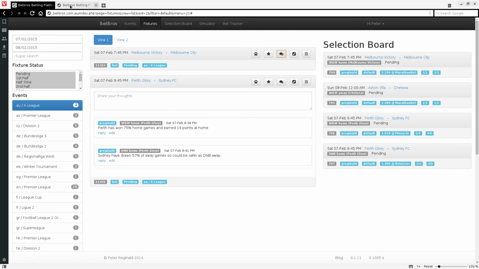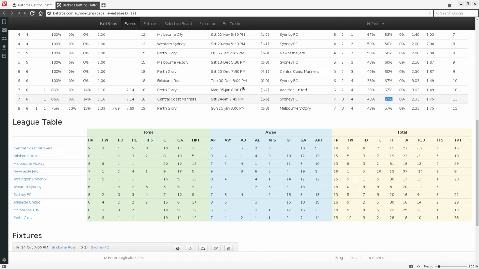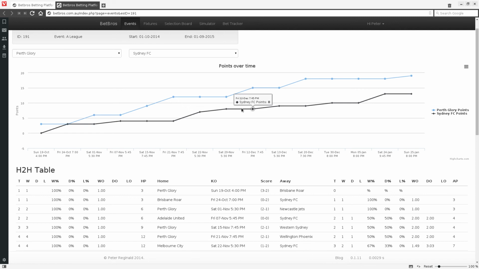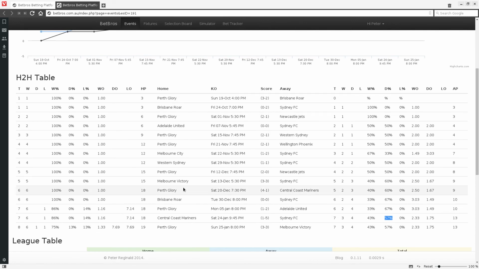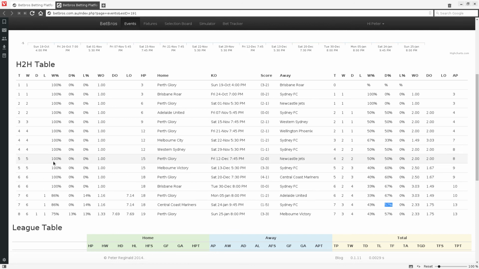So there you go. Because this is such a new addition to this website, I'm still testing it out. The good thing about this particular table is it gives me the points and the home points or the away points and all these other statistics with respect to a certain time, instead of just giving me the current win, draw, lose statistic.